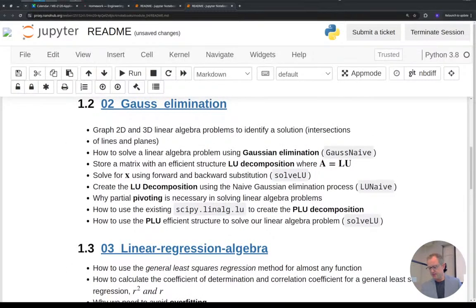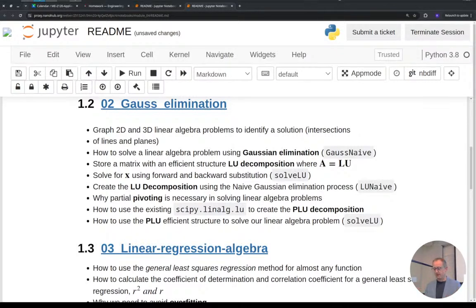I think the last couple of classes we were talking about Gauss elimination, and errors, both in terms of the accuracy of how well you can solve problems, and errors that can happen if you're creating your own Gauss elimination process without partial pivoting, where you can end up trying to divide by 0.